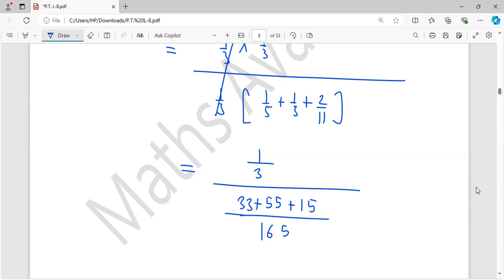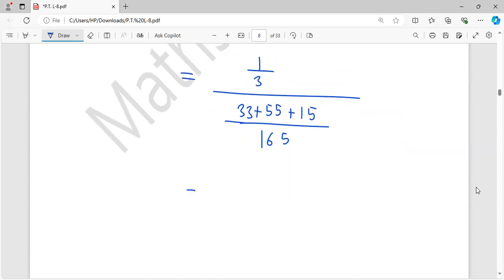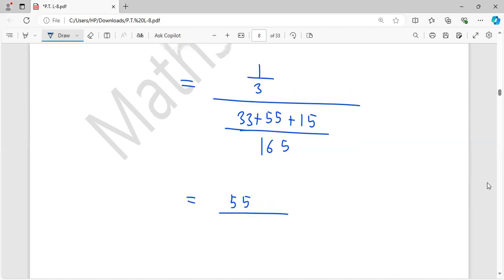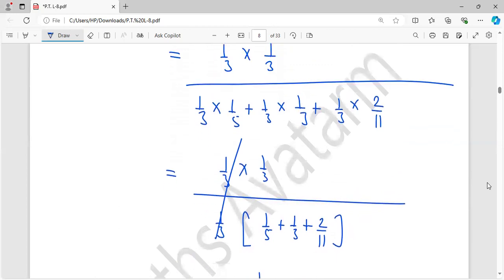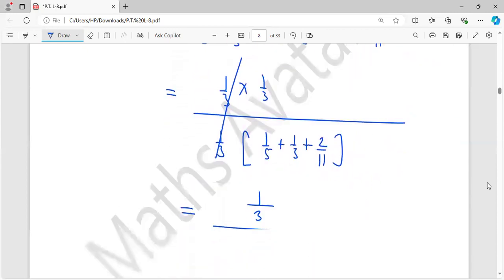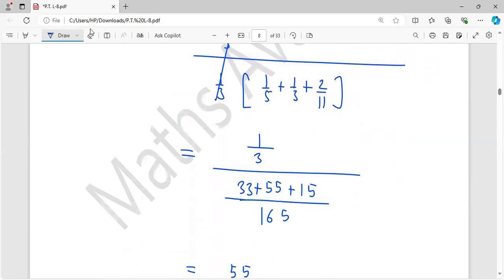After solving it, 1/3 will come out, with 1/5 plus 1/3 times 2/11 in the bracket. Taking the LCM, this is nothing but 165 here.